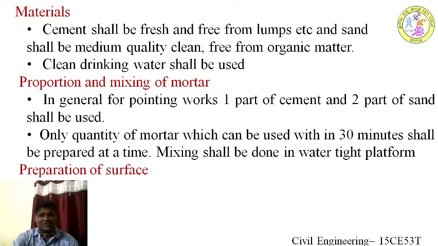The preparation of the surface is a major activity in pointing, because if the surface is not prepared well, then even after application the results will not be good. Usually I use a wire brush to rake the joints of the masonry initially.